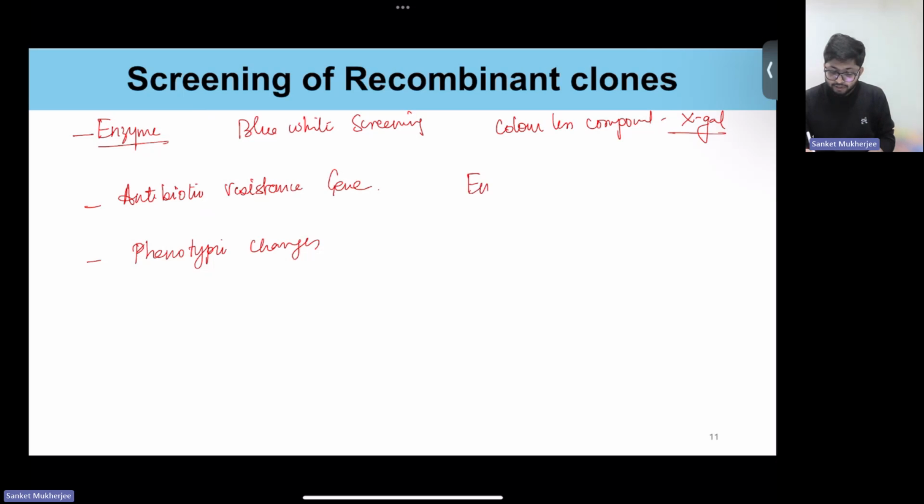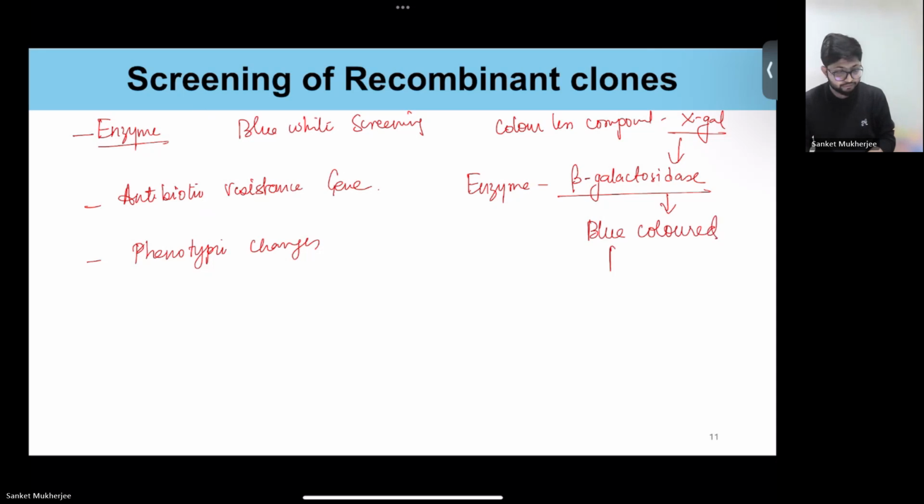And the enzyme is beta galactosidase. So the enzyme is beta galactosidase, the substrate is X-gal, and this converts X-gal into a blue colored product. So this is the principle behind blue-white screening.